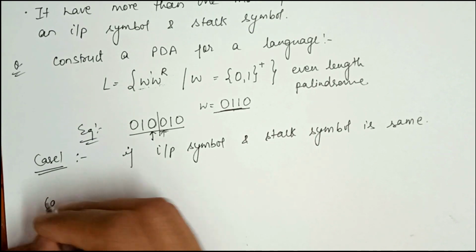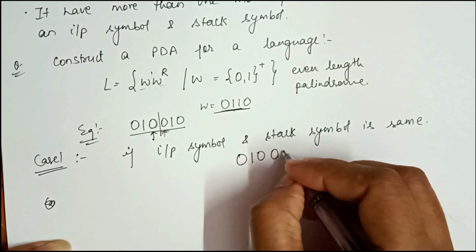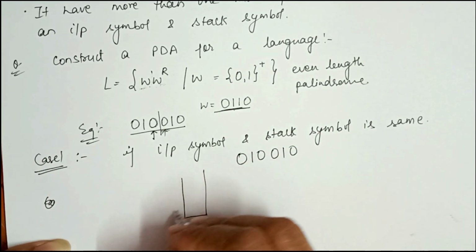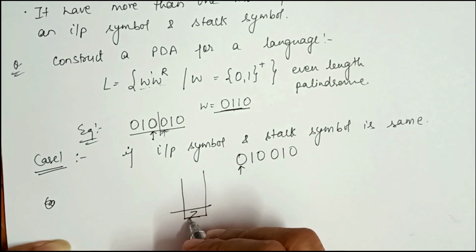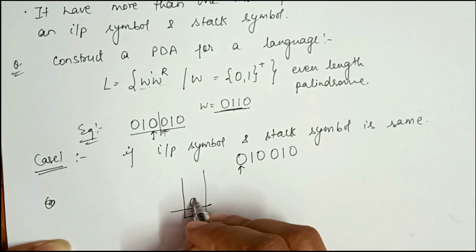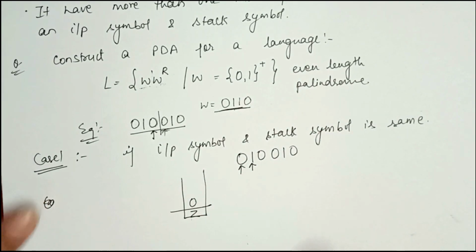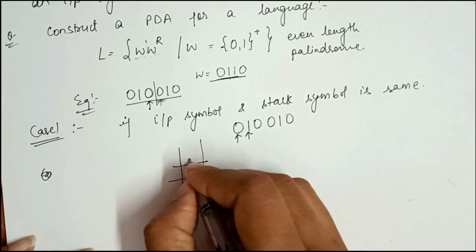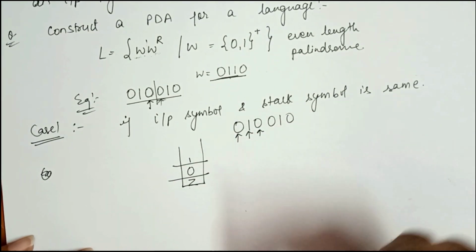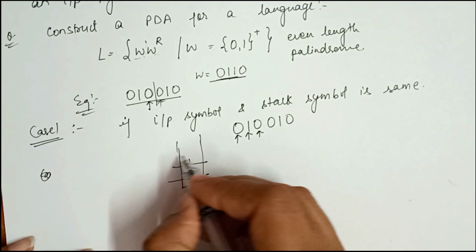Suppose the string is 0 1 0 0 1 0, and the stack contains Z first. The input symbol is 0 and the top of the stack is Z, so we push this symbol. Now the input symbol is 1 and the top of the stack is 0, so we again push. The next input symbol is 0 and the top of the stack is 1, so we push.